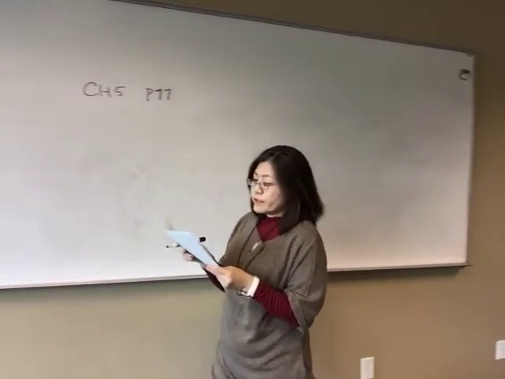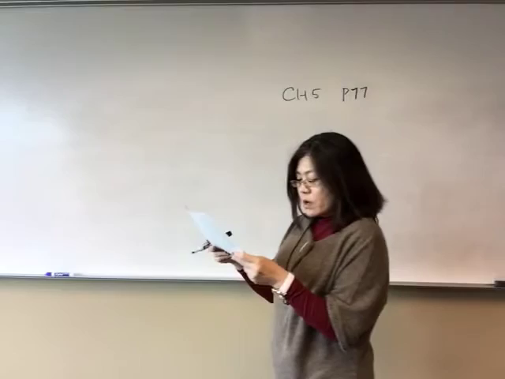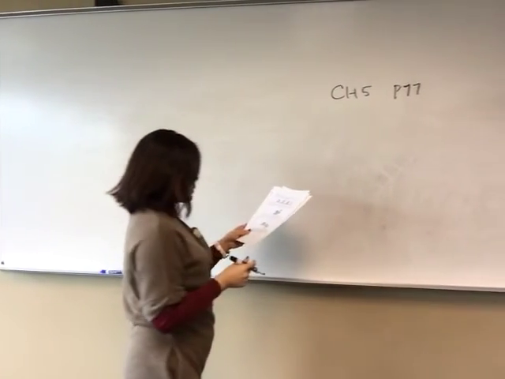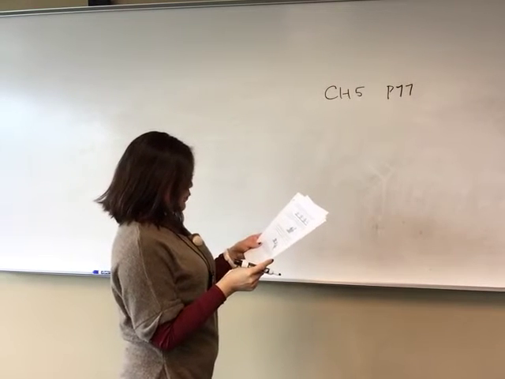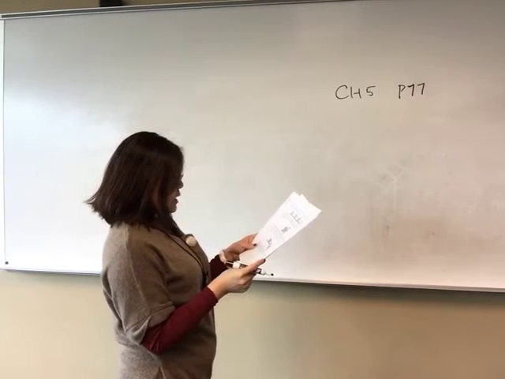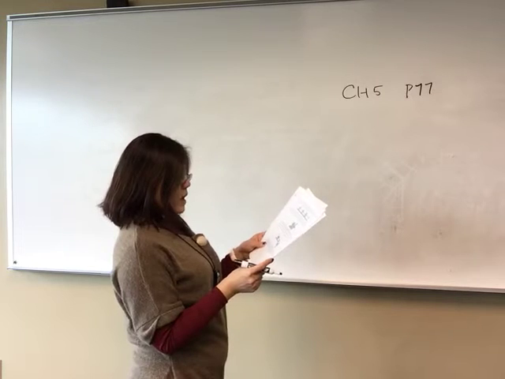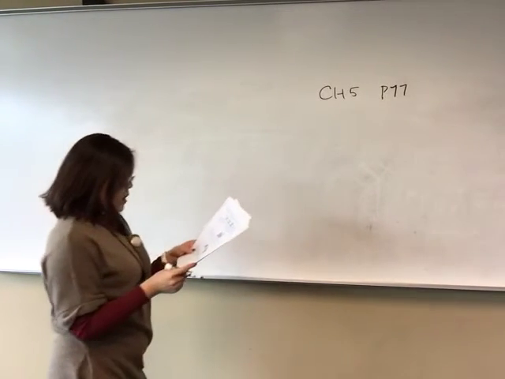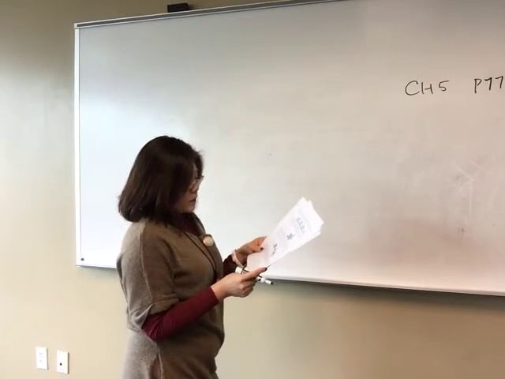All right, on 77, a worker drags a crate across a factory floor by pulling on a rope tied to the crate. The worker exerts a force of magnitude 450 Newton on the rope, which is at an upward angle of 38 degrees to the horizontal, and the floor exerts a horizontal force of magnitude 125 Newton that opposes the motion.